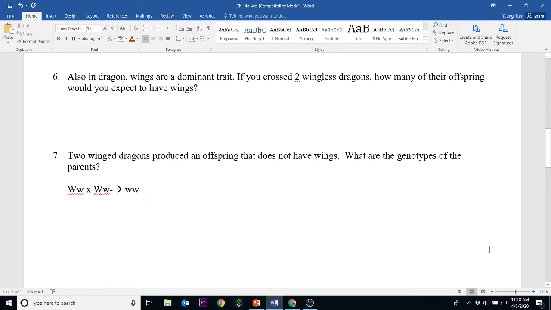And you say that both parents cannot be small w. If both parents are small w, they cannot have wings. Wings are dominant, so they have to be either heterozygous dominant or homozygous dominant. Just remember that because it tells you here, wings are dominant.